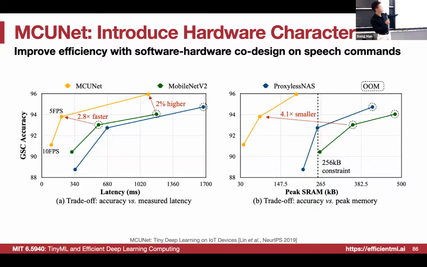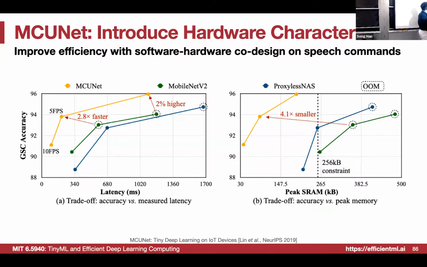And actually, MCUNet also supports this, the Google keyword spotting data set. This is the latency versus the accuracy, including MCUNet, MCUNet v2, and proxyless NAS. Some of them are already out of memory. Here we can get either 2% higher accuracy at similar latency, or very similar accuracy but 2.8 times faster.